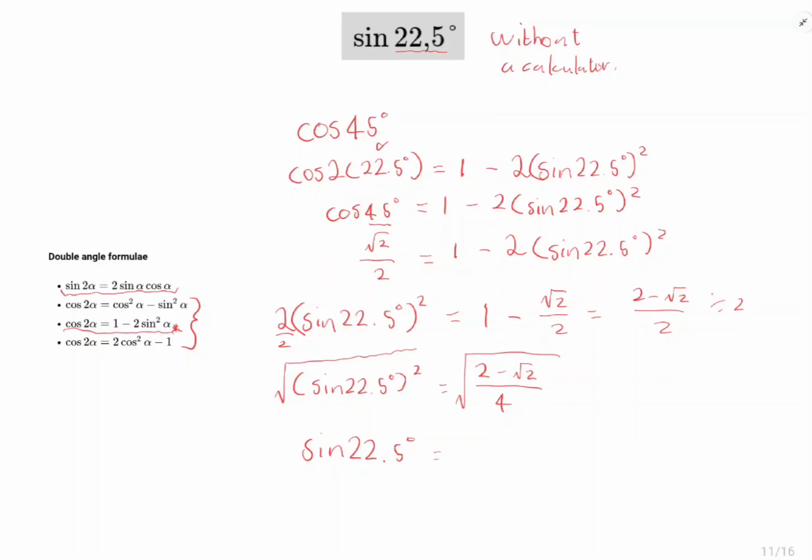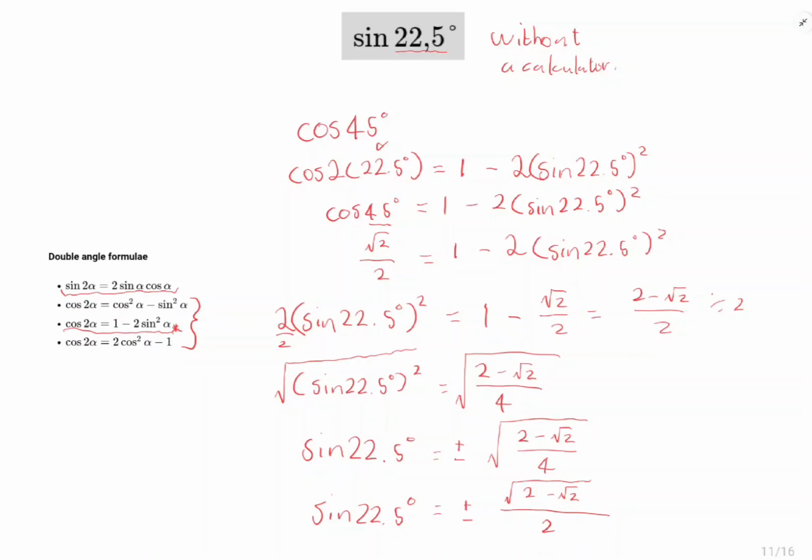And what did we say about square rooting? It's going to be plus minus the square root of 2 minus square root 2 over 4. You can take it further by saying plus minus the square root of 2 minus square root 2, over the square root of 4, which is 2. And that is going to be your answer.